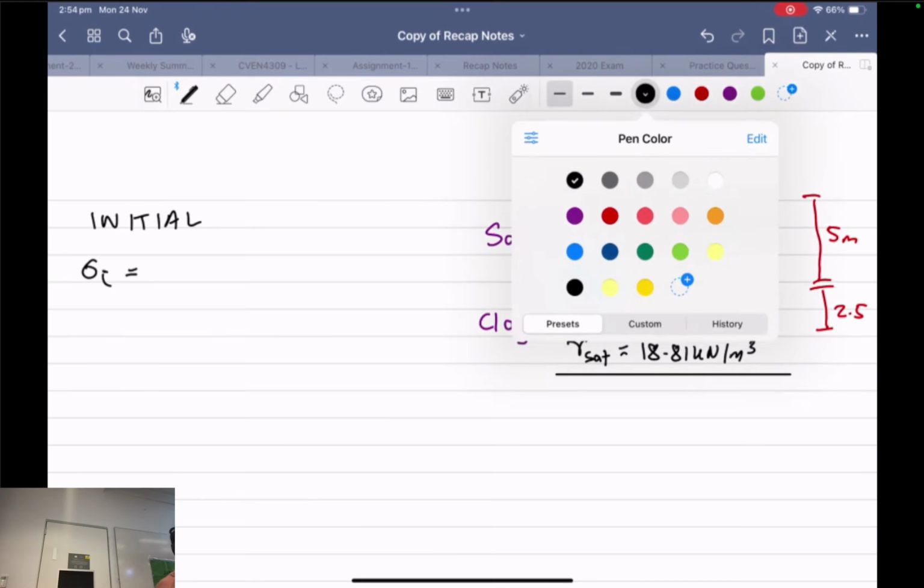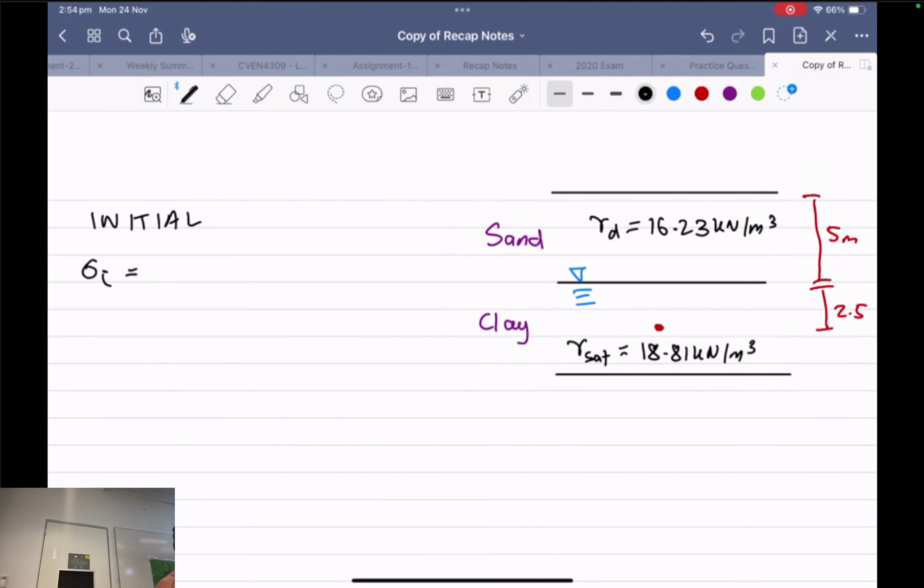Alright, so at that point, sigma initial is equal to 16.23 times 5, so that's unit weight times depth for the sand layer, plus 18.81 times 2.5, which is unit weight times depth of the clay layer up to the point that we're interested in. Alright, and that's equal to 128.15.